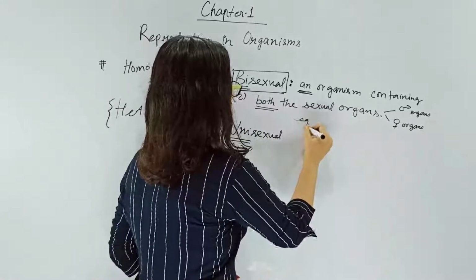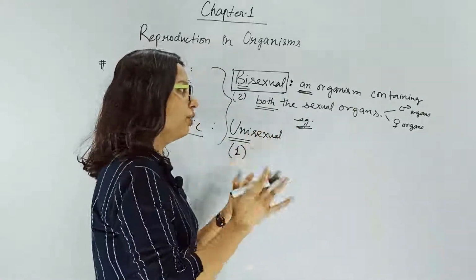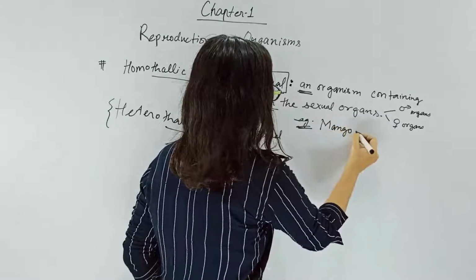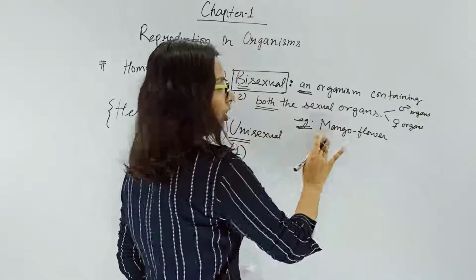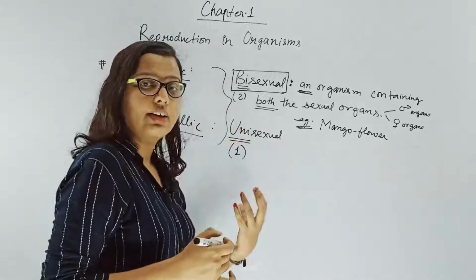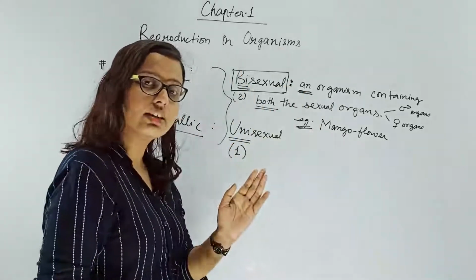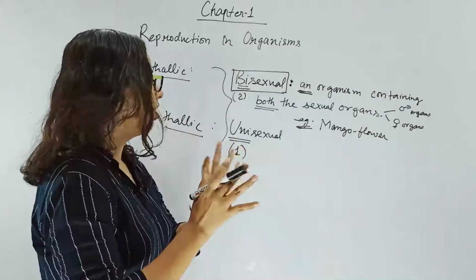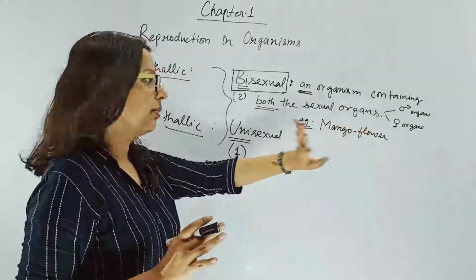For example, one organism having both: a mango tree. A mango flower has both the organs inside one flower. There is one mango tree, and that tree will produce thousands of flowers. In each flower on that mango tree, both the male and female organs will be there.